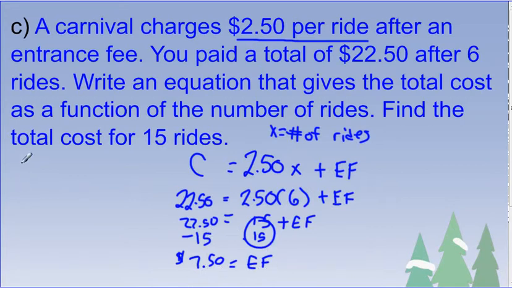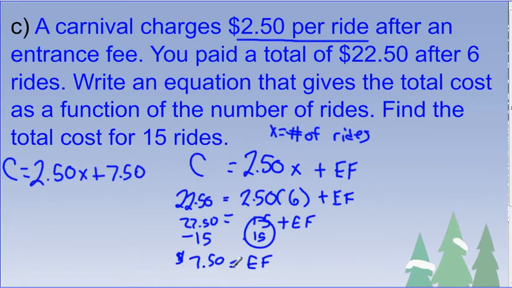So now we can write in our equation, our cost equals $2.50 a ride, number of rides, plus getting in costs you $7.50. This is the equation of the function, or the equation that gives us a total cost as a function of the number of rides. Bada bing, bada boom.